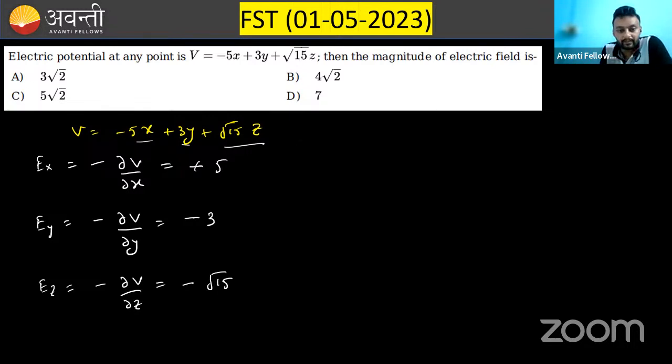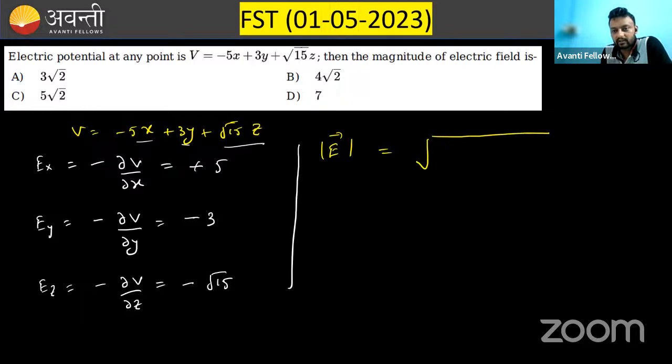So the resultant or the magnitude of field will be under root of the sum of these squares. That is Ex square plus Ey square plus Ez square.